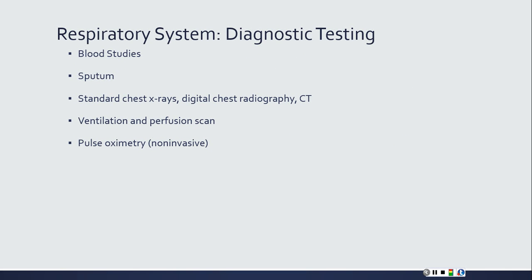Next, we've got some diagnostic testing. These are the tests that we use to diagnose and determine the level of respiratory distress that is occurring. First, we've got blood studies. Why do we look at the blood? Why is it important to look at the blood when we're trying to determine respiratory malfunction? There you go. We're looking at oxygen content in the blood.